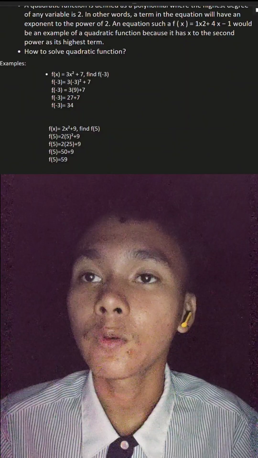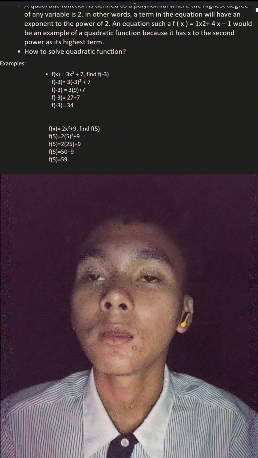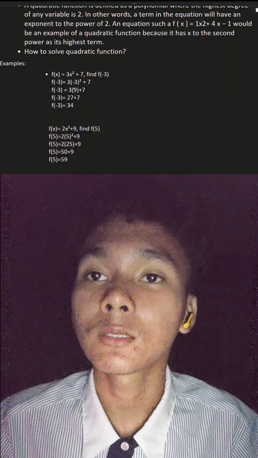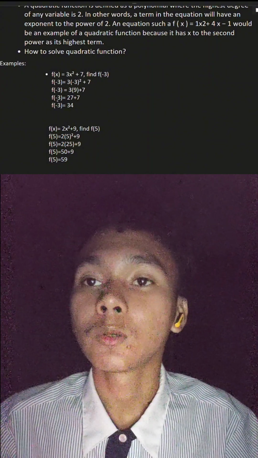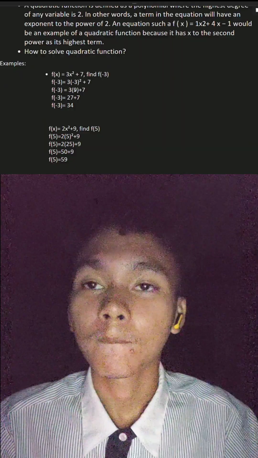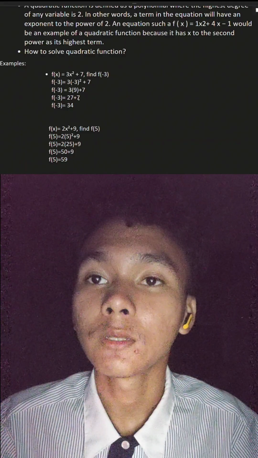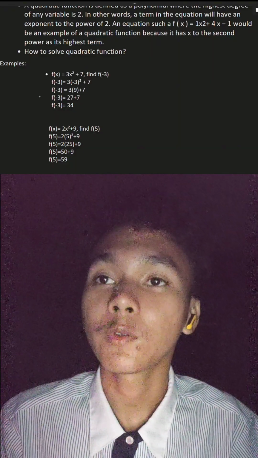So f of negative 3 equals 3 times 9 plus 7. So f of negative 3 equals 3 times 9 is 27 plus 7, which is 34. So that is the first example.